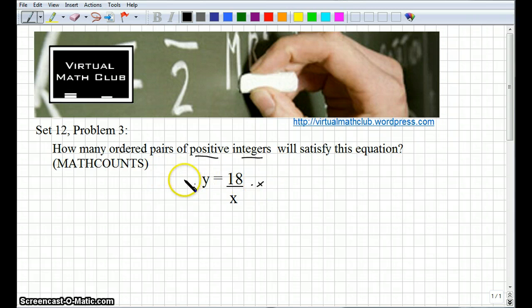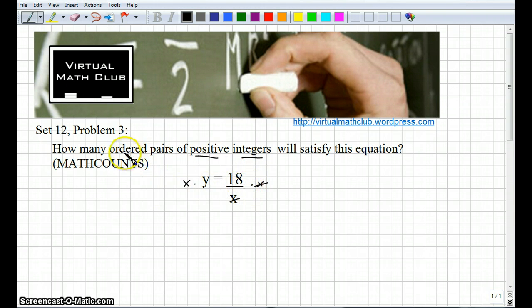Okay? And then x over x just becomes 1, and we have x times y is equal to 18. So, think of a different way to word this question.